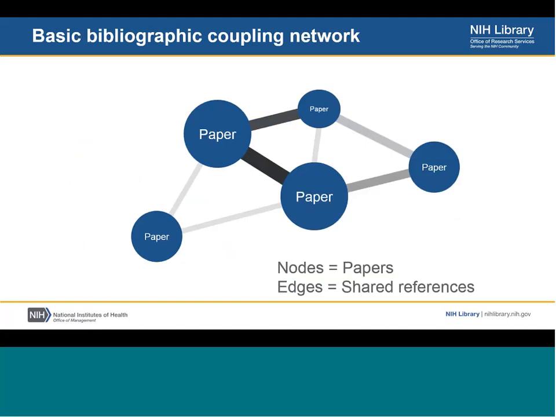So again, with a basic bibliographic coupling network, the individual nodes are these papers in our document set, and they're connected based on shared references. And again, this is a weighted network because they're weighted based on the number of references two papers have in common. So we can represent this as a weighted network and then use those weights to prune to get to the more meaningful sets of links between documents.